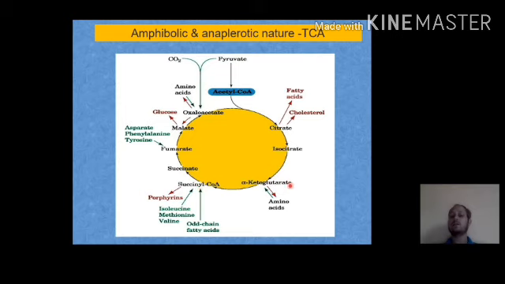Similarly, alpha ketoglutarate can be converted to an amino acid such as glutamate, or glutamate can be converted back to alpha ketoglutarate. So here the interconversion is there. This glutamate can also be used to synthesize structures such as nucleotides.